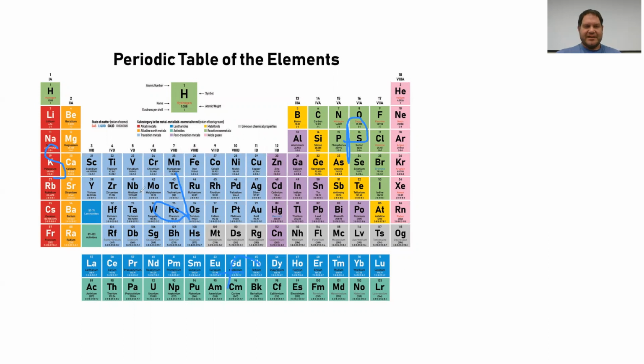By knowing those blocks, this will help us to determine the electron configuration for an element pretty quickly. Also remember that the period number is also the shell number, or energy level. So 1, 2, 3, 4, 5, 6, and 7. These ideas are what we're gonna focus on.